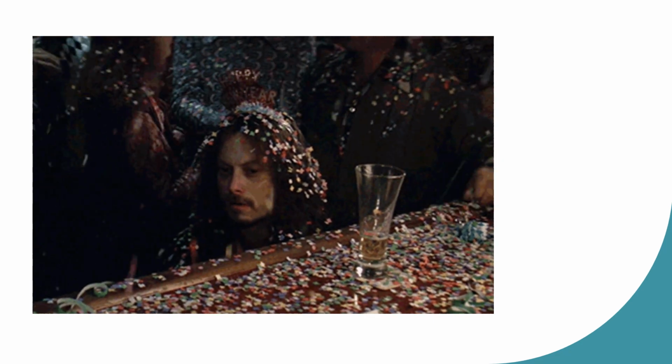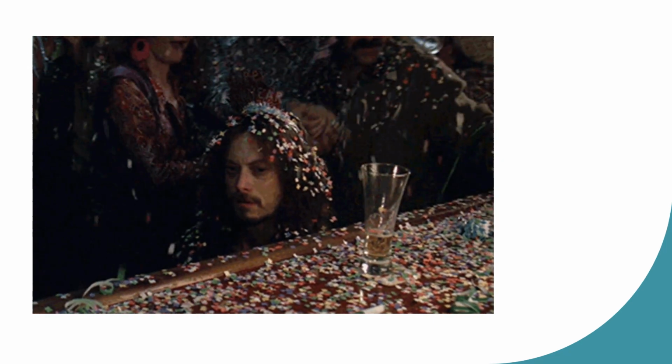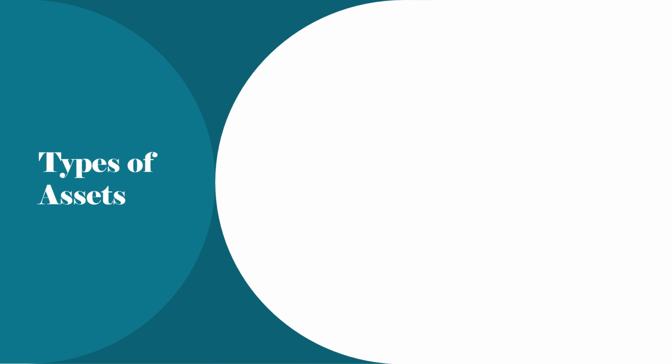Now, we cannot go into full details of an asset, but let's briefly look at the types of assets. Assets can be categorized in three main categories.